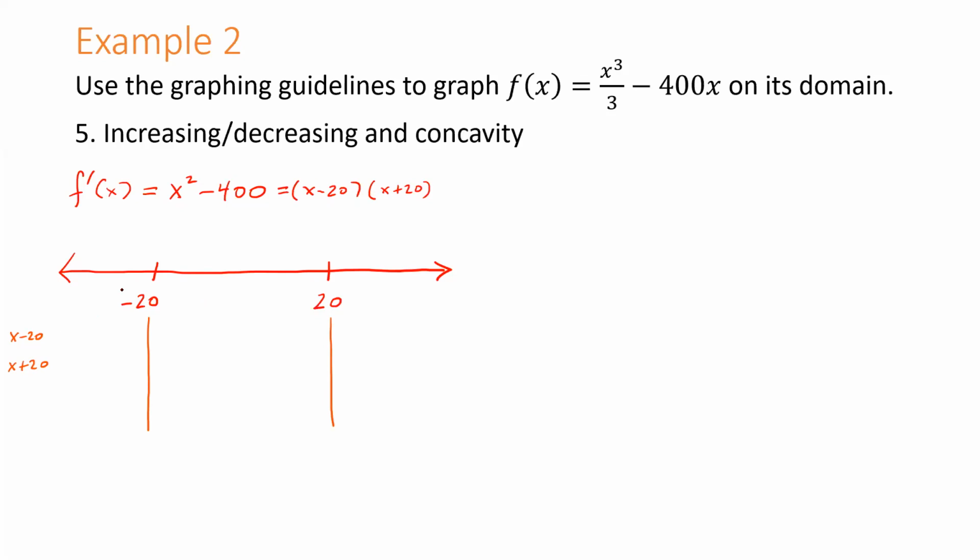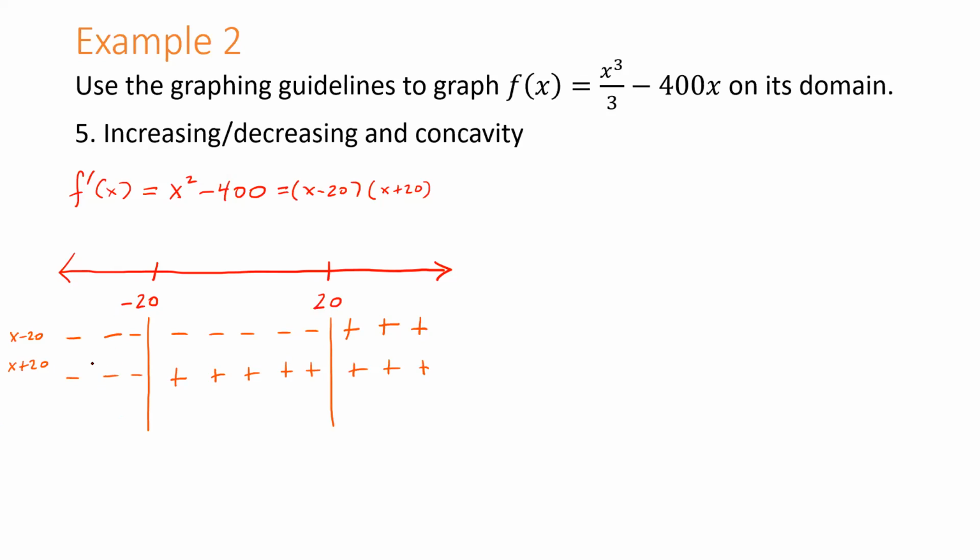Okay, so we see that the factor x minus 20 will be positive when x is greater than 20. Otherwise, it'll be negative on the other intervals. x plus 20 will be positive when x is greater than negative 20. Otherwise, it'll be negative on the interval where it's less than negative 20.